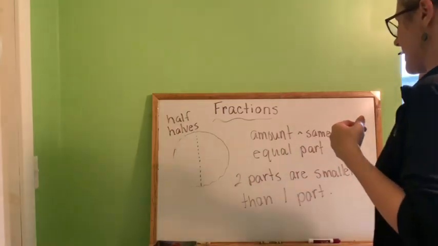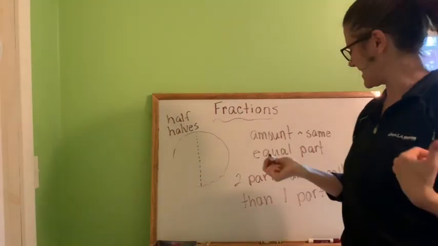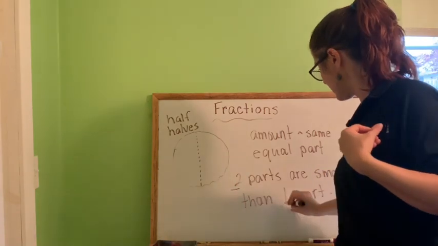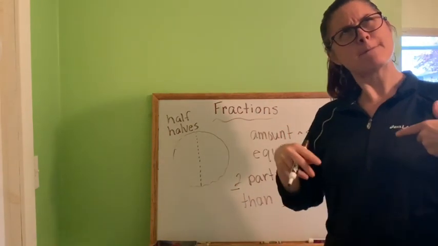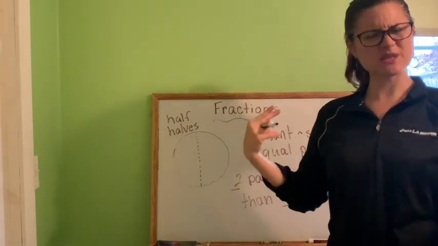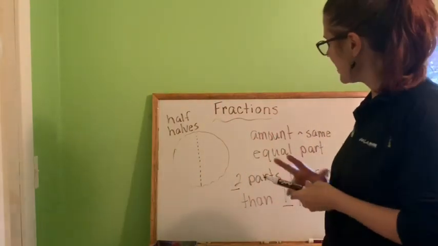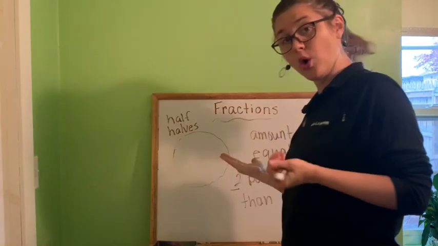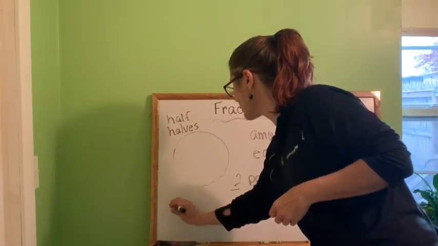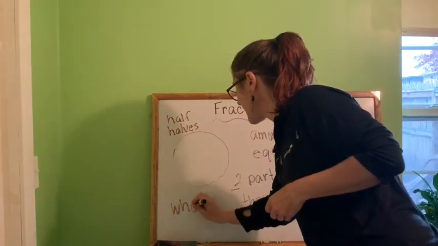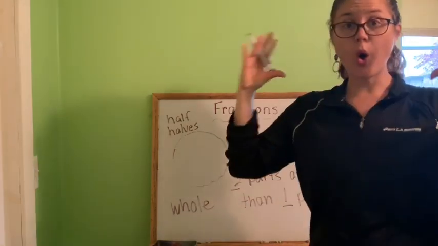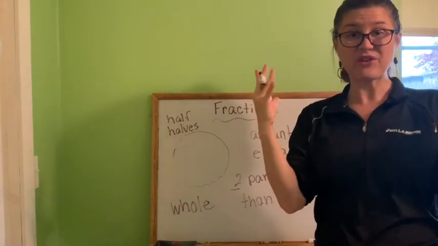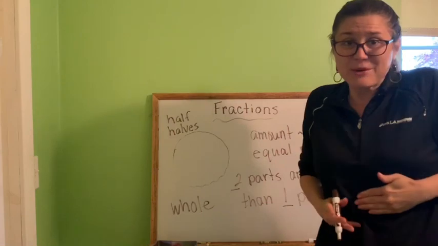And let me show you what I mean, because that's a little confusing for us, because 2 is bigger than 1, but 2 parts are smaller than 1 part. Why is that? Well, when we have our cookie, and it's the whole cookie, that's what we call 1 part. If you got to eat the whole cookie, you would get a very big amount. You might get a bellyache.